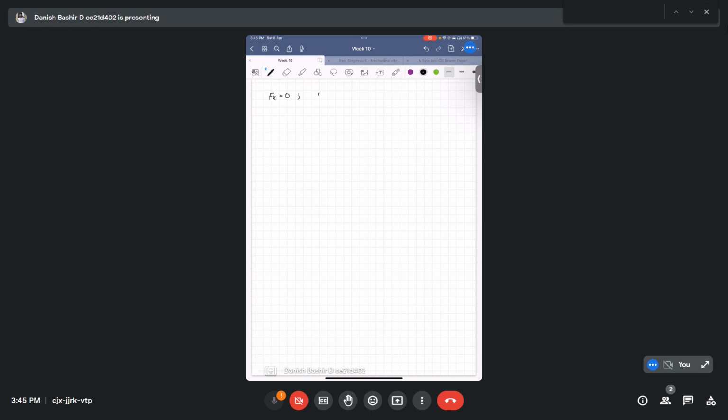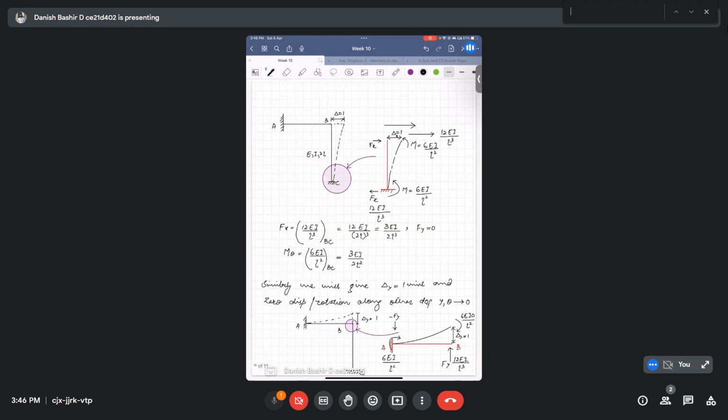Then we will have Fy equal to 12 EI, delta is 1, by L cube, but it is of member AB. Okay, AB, so I have to write it as: it is not E, I, 2L, it is E, 2I, L. Okay, it is having different properties.